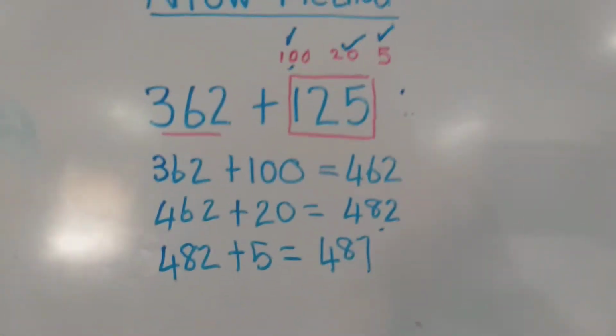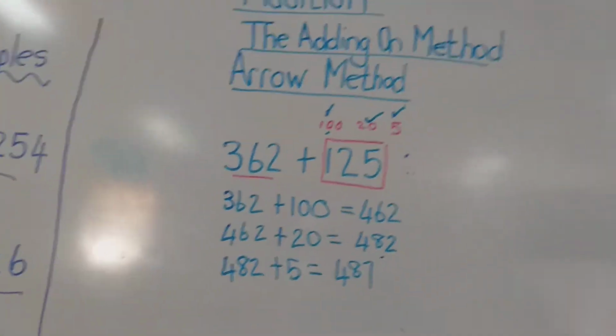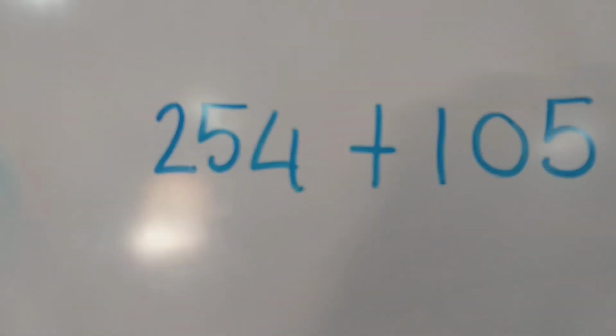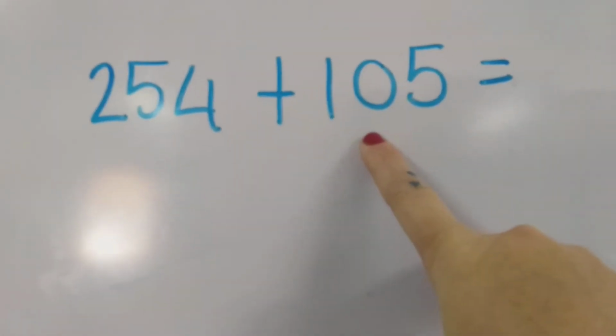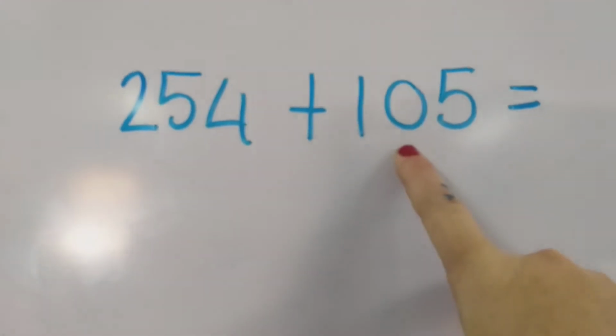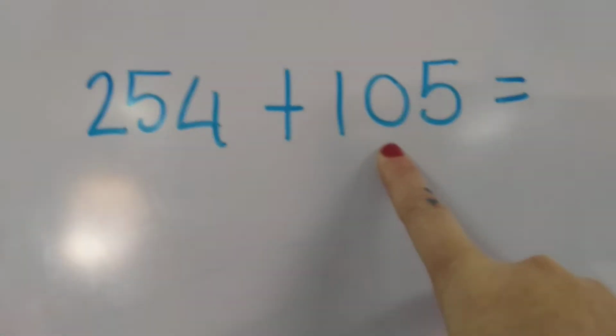Let's do 2 other examples just to set this method in your mind. Let's do 254 plus 105. I like to include numbers with a 0 in my examples because for some reason when children see a 0, it puts them in an absolute tizz.